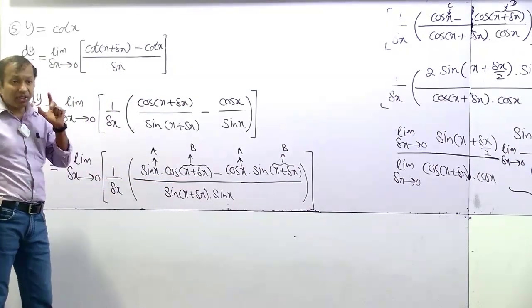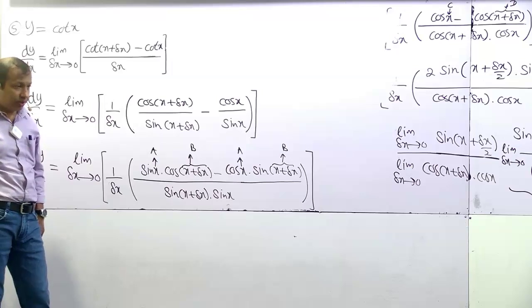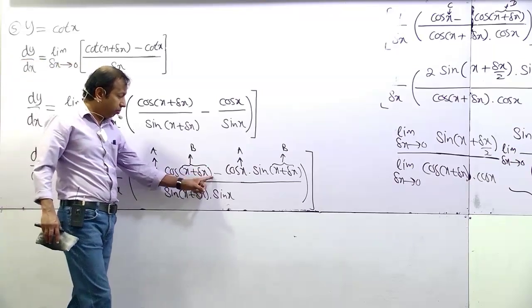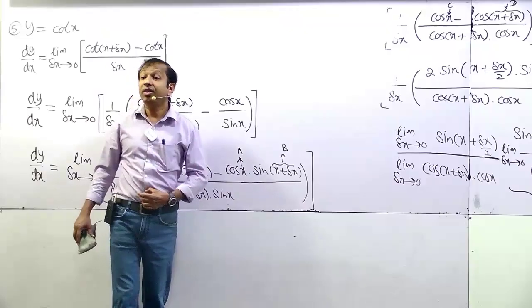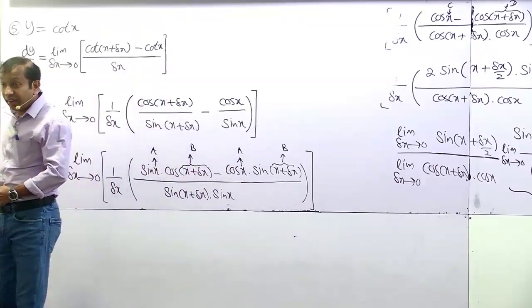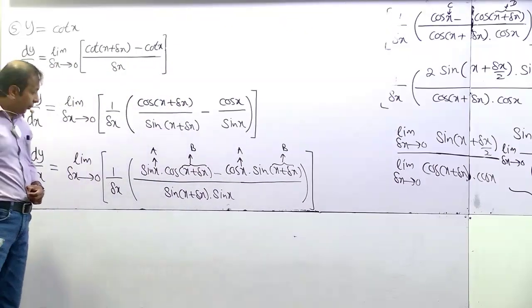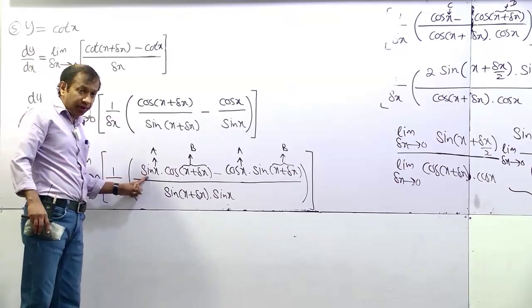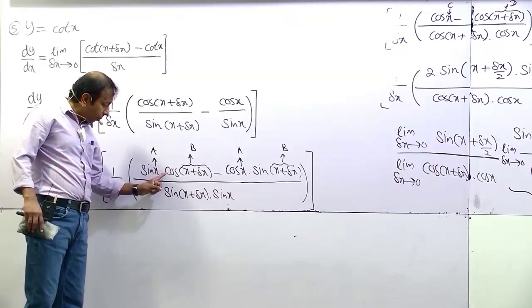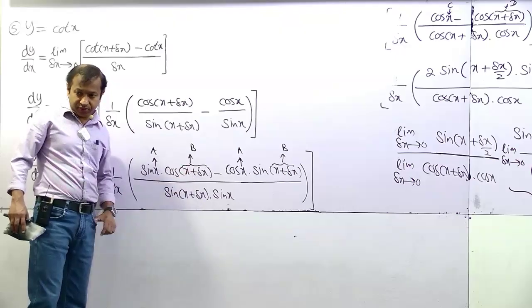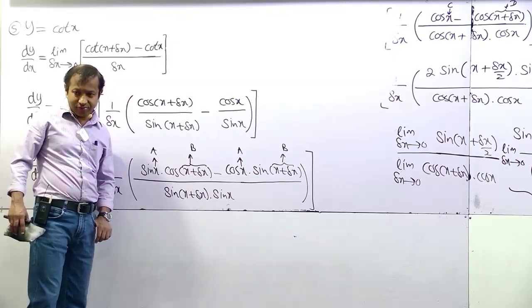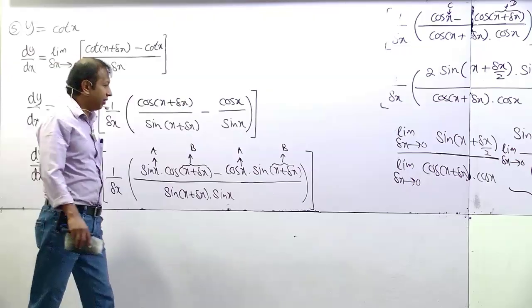Sin A minus B. Understand? Sin A minus B. Sin A cos B minus cos A sin B. That expansion is coming by sin A minus B. Then how to write the numerator? Sin x minus what? X plus delta x coming. Write down that.